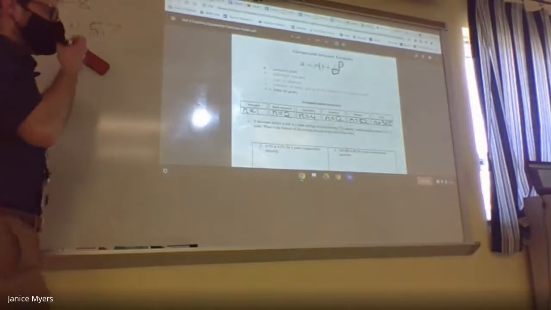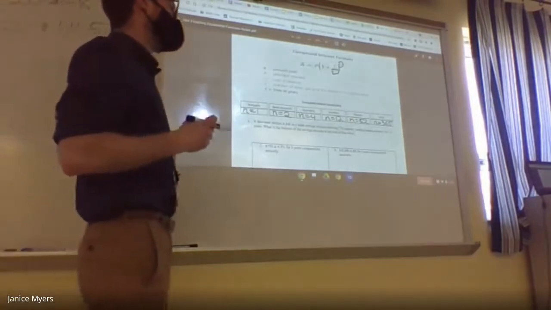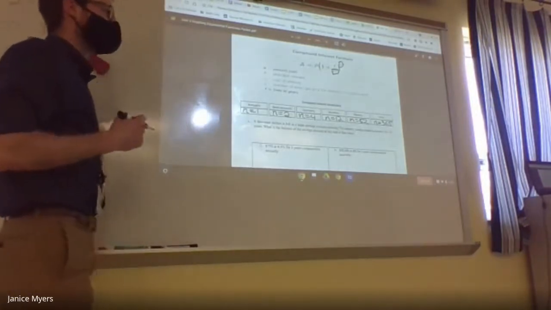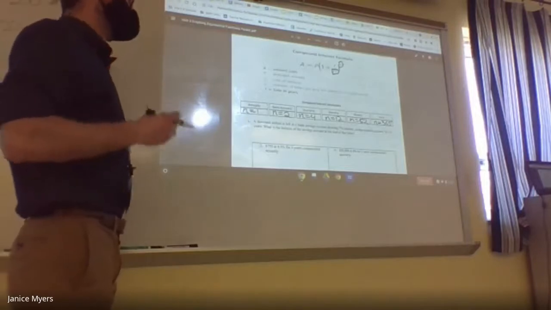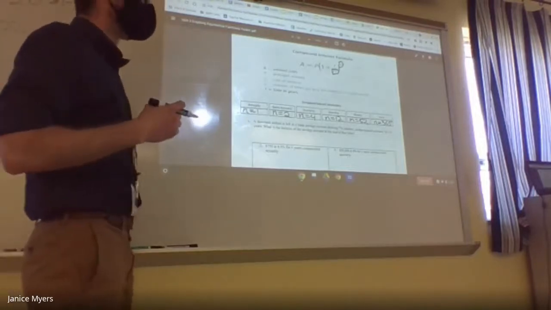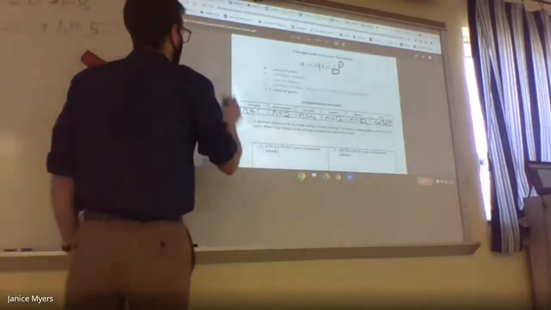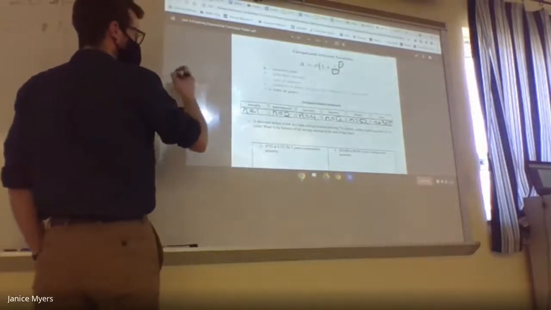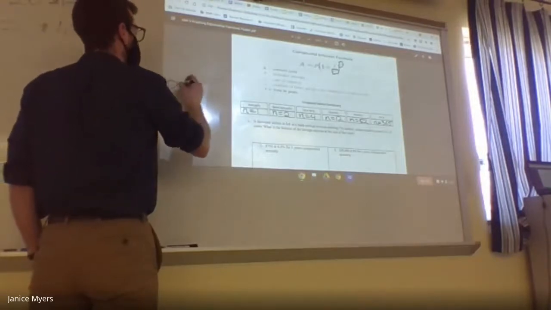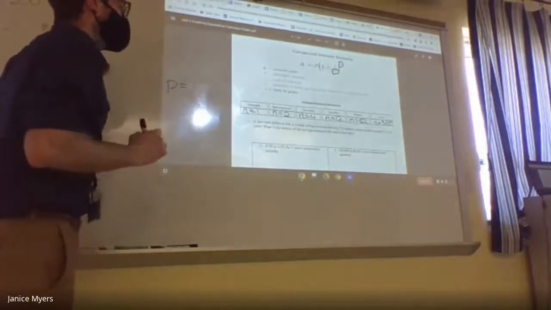Looking at number 1, $1,000 is left in a bank savings account drawing 7% interest, compounded quarterly for 10 years. You want to know what the balance of the savings account is at the end of the time. Our variables: we've got our principal, which is our original amount, 1,000.